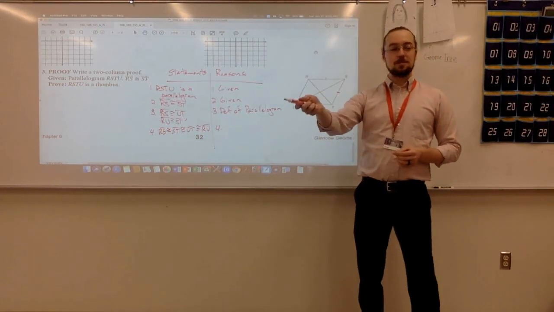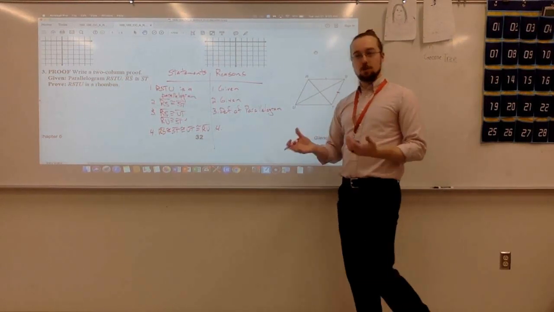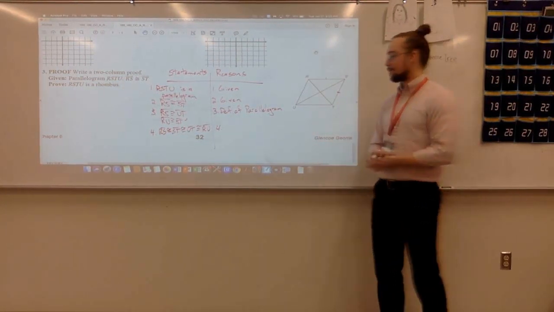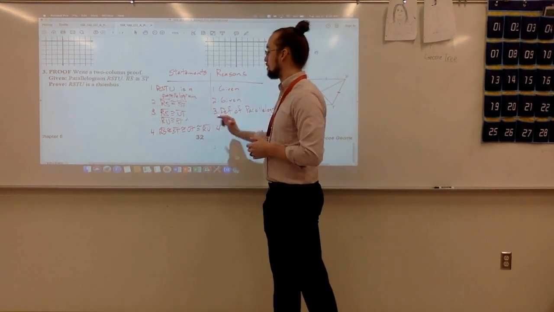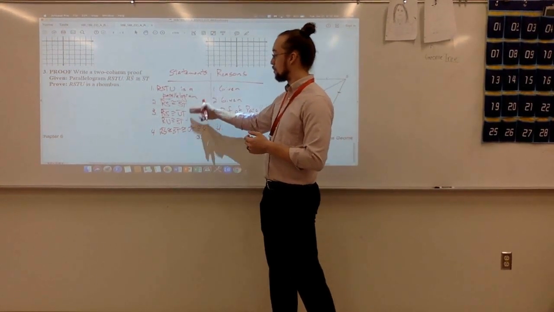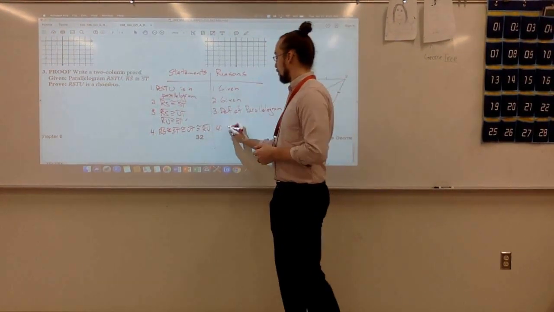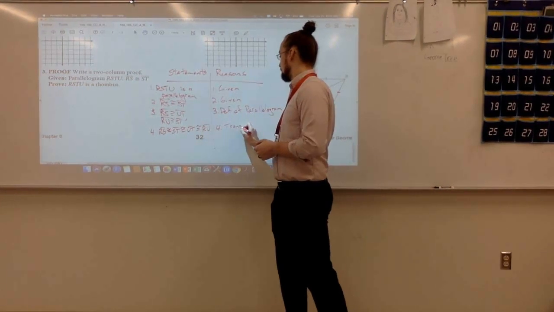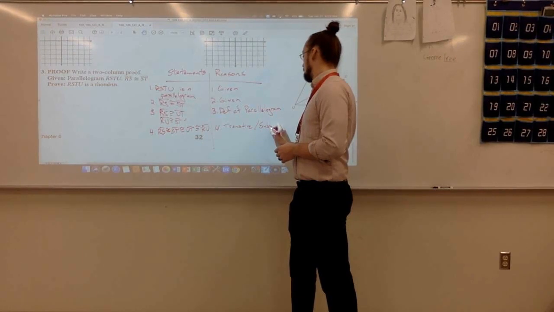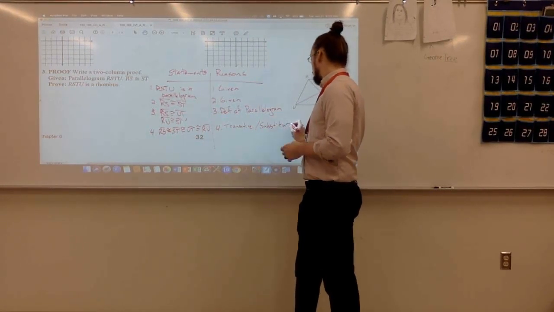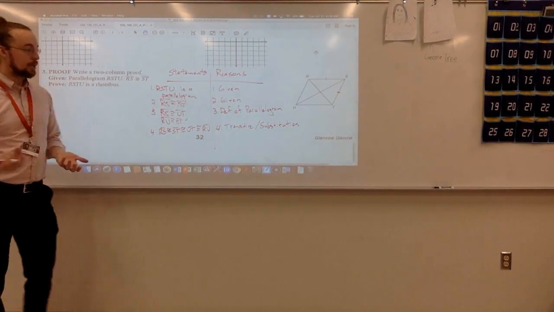We could use transitive, or I think I heard somebody say substitution. Either of those would work in this situation. That's what we're doing with these statements here. We're substituting different pieces in place of one another because we know that they're congruent. So then our final line needs to be the actual statement that we're trying to prove.